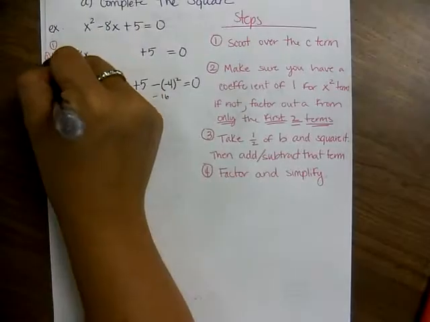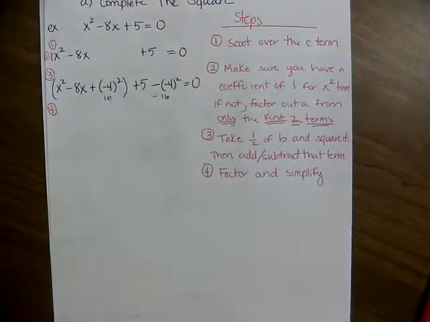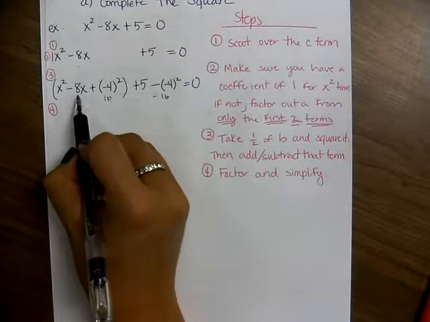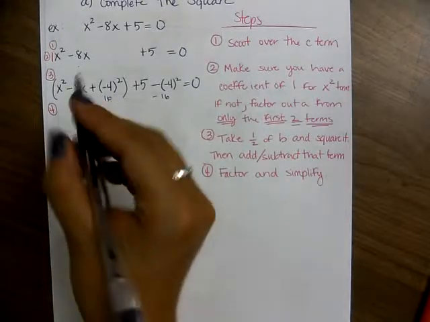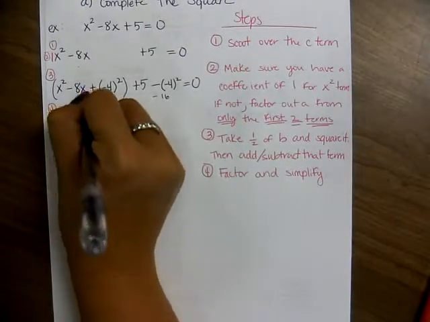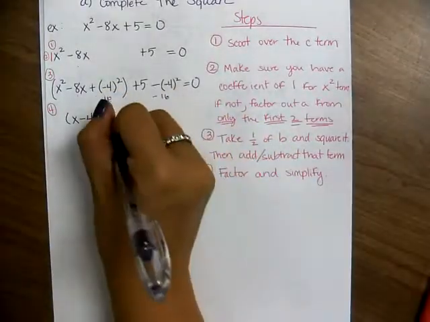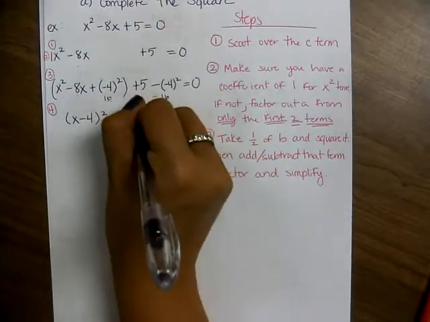What's happening here, if you put parentheses around this, is you've created a perfect square trinomial. So thinking about how a perfect square trinomial factors, it either factors to a plus b squared or a minus b squared. Because I have a positive 16 and a negative 8, I'm going to have a minus. So this is going to factor to x minus 4 squared. And then here I'll just simplify. 5 minus 16 is going to give me a minus 11.